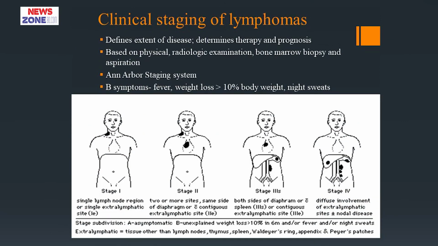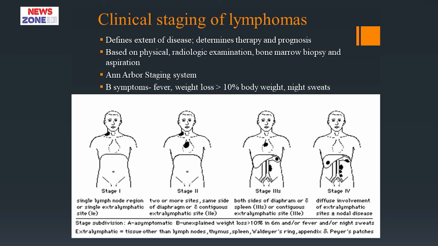Another important point is clinical staging, to predict the future of the lymphoma and the patients. Stage 1, you see the pictures, is where only one group of lymph nodes is involved. If two groups of lymph nodes are involved, then it is stage 2.